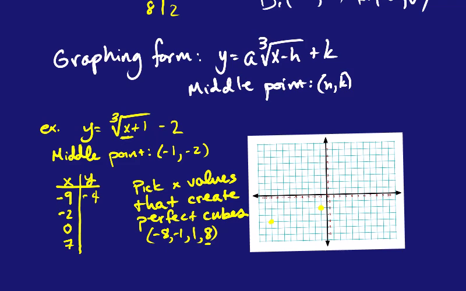Cube root of -1 is -1, so that's -3. So -2, -3. 0 goes in, that's 1, so it's the cube root of 1, which is 1. And then 1 minus 2 is -1. And then, last one, 7 goes in, that's 8, cube root of 8 is 2, 2 minus 2 is 0.